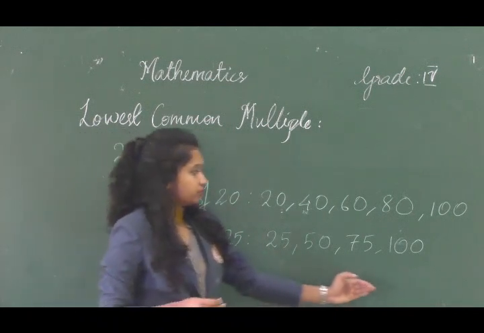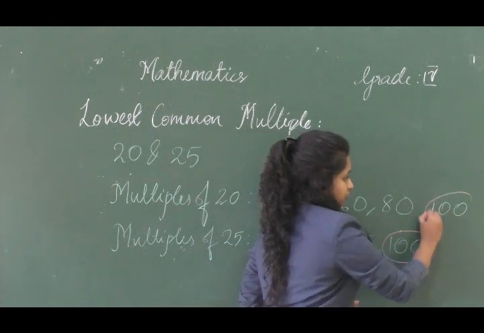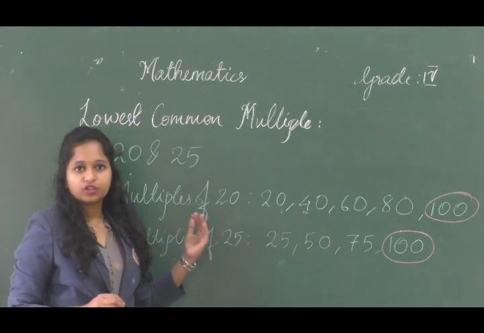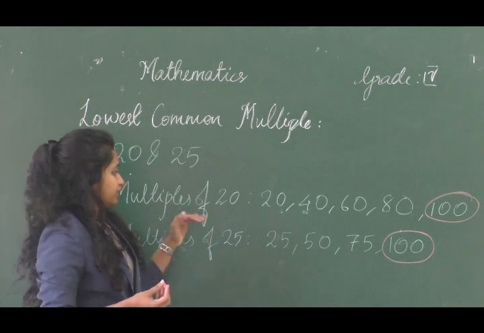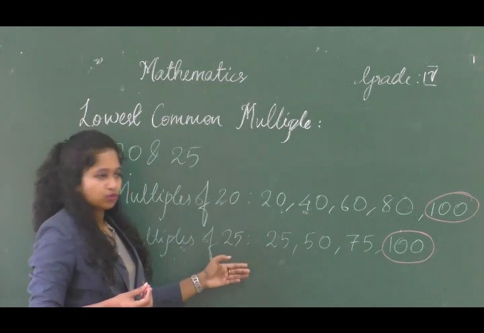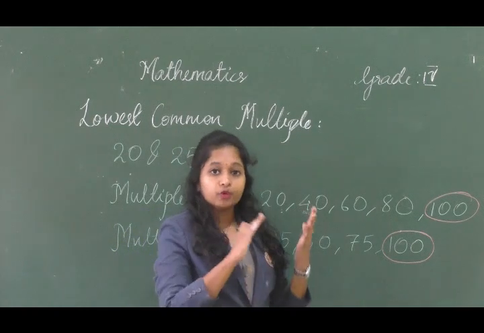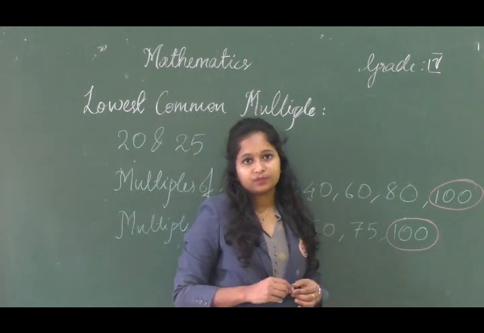So, here we have a common number which is 100. Isn't it? Before that, there are no numbers which are common. So, the LCM of 20 and 25, that is the least common multiple of both 20 and 25 is 100.